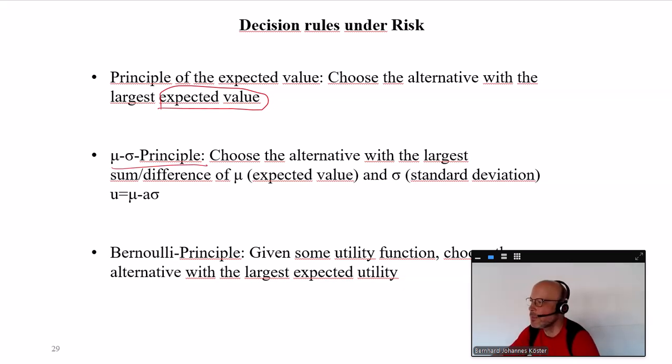One possibility, I will choose here only a very simple utility function.